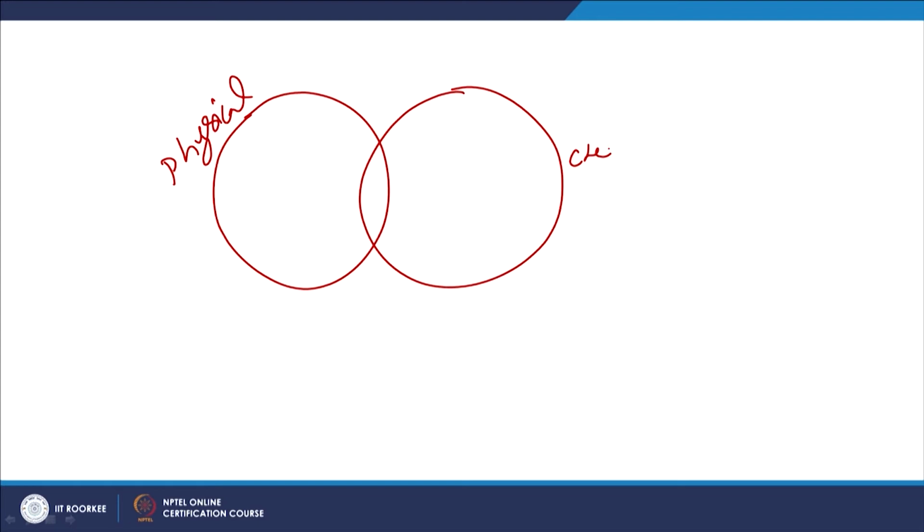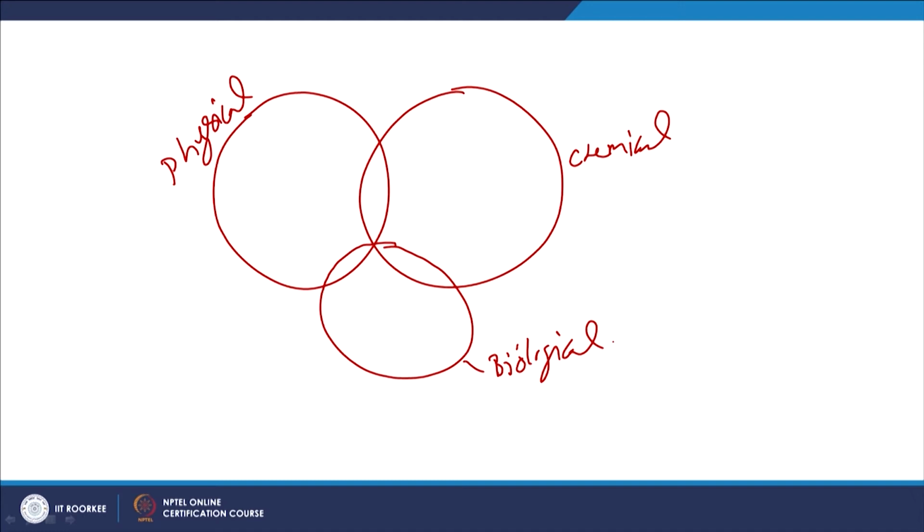So, this is one where the physical phenomena are involved, and the second is one where the chemical phenomena are involved, and the third is one where biological phenomena are involved and are responsible for the surface damage.